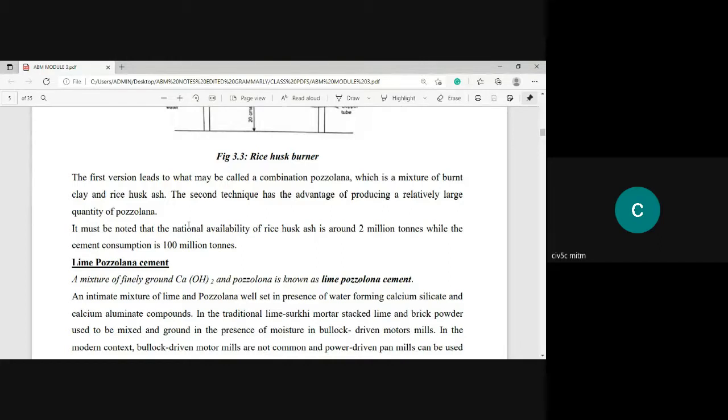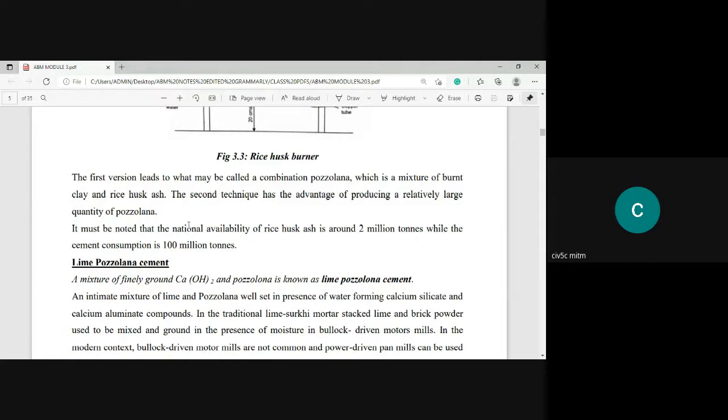I hope you know that L&T has stopped producing ordinary Portland cement. Many companies have stopped producing ordinary Portland cement. Why? Because while producing ordinary Portland cement, enormous limestone is burned.